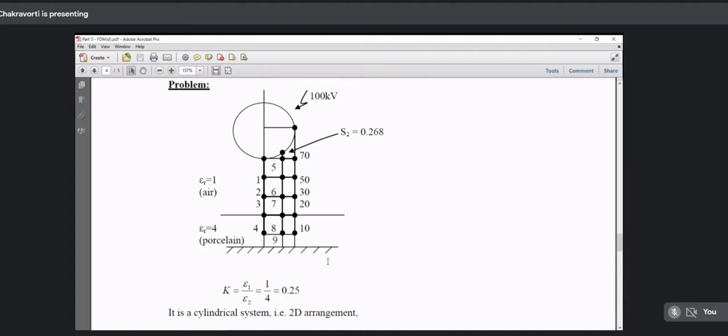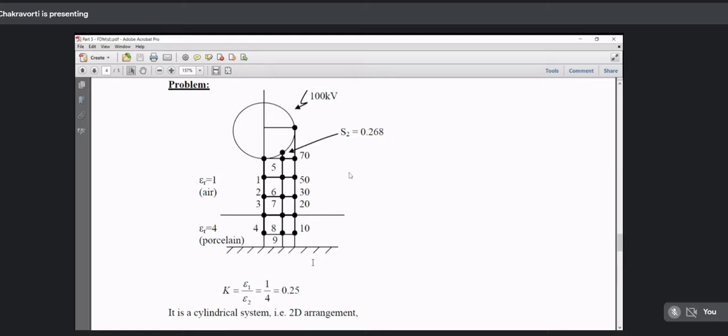Similarly, if you take node 8, then node number 7 is on the dielectric one side, so it becomes V1. Node number 9 is in medium 2, so it becomes node number 3 of our derivation.